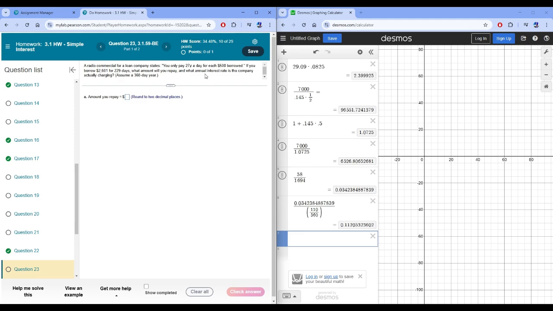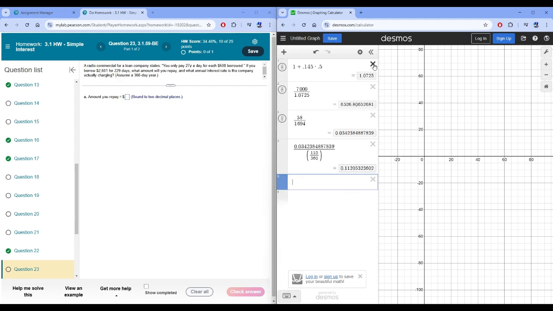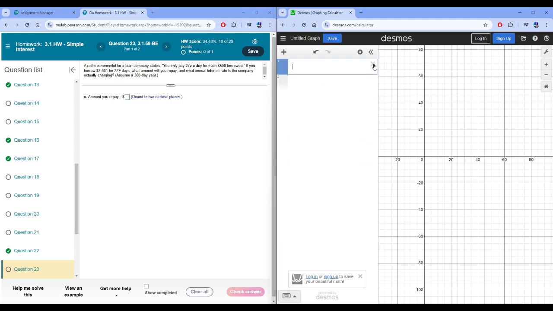So let's go through this. This one looks like a little confusing. Word problems always are. Okay, so you pay 27 cents each day, right? So this is going to be a daily interest rate. For each $500 borrowed.